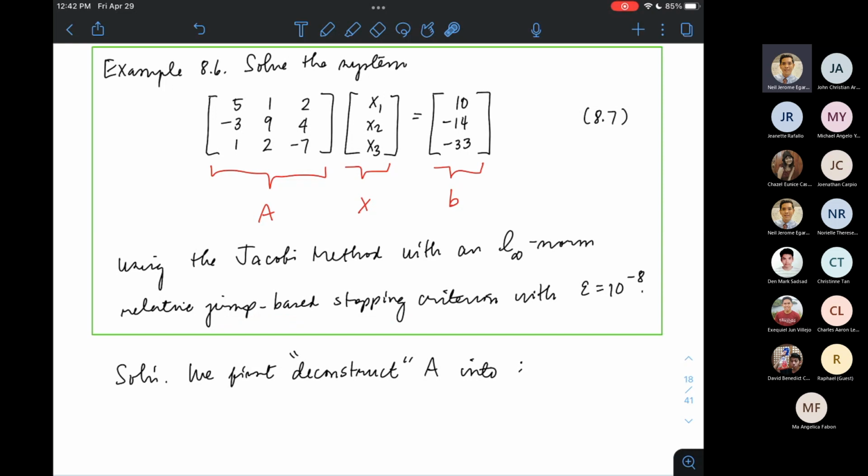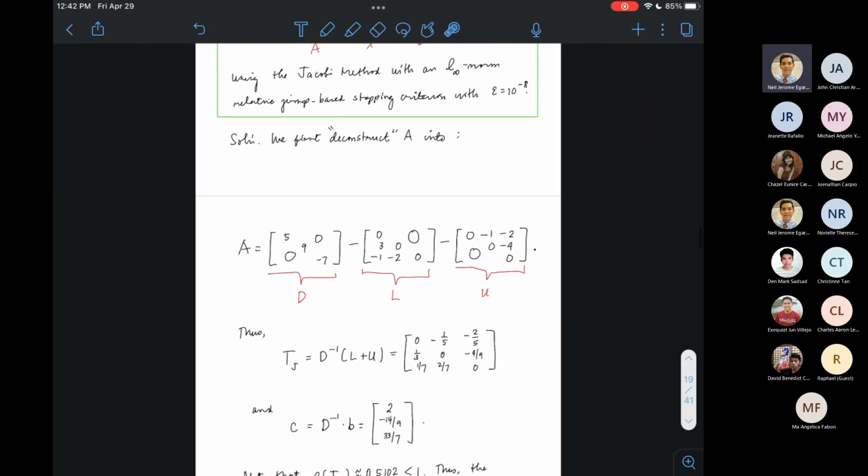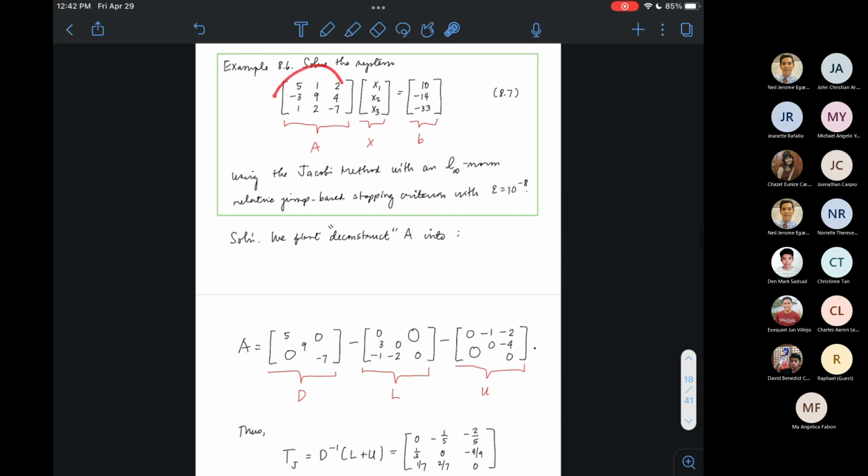Okay? So una natin gagawin, i-deconstruct natin si A into D, L, U. Okay? So kung mapapansin nyo, ito si A, kukunin ko yung diagonal part niya, yung diagonal entries. So yun yung matrix D. 0 na siya sa labas ng main diagonal. Tapos si matrix L, siya yung lower triangular part.